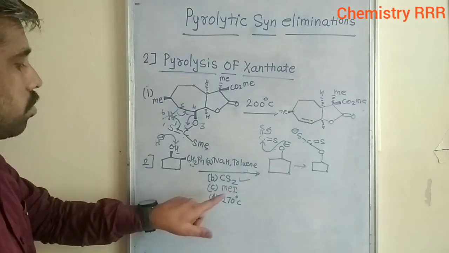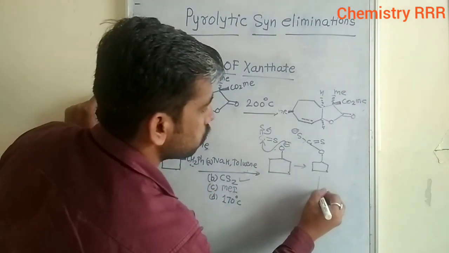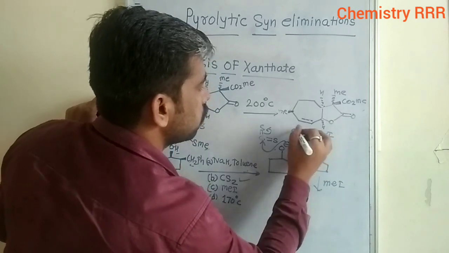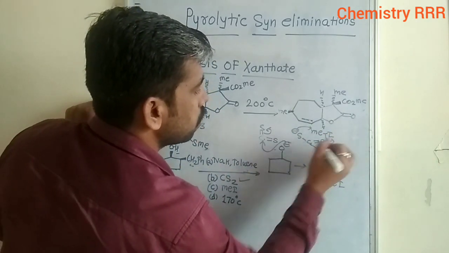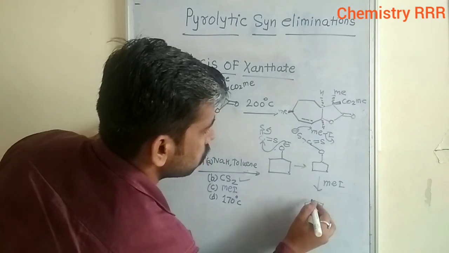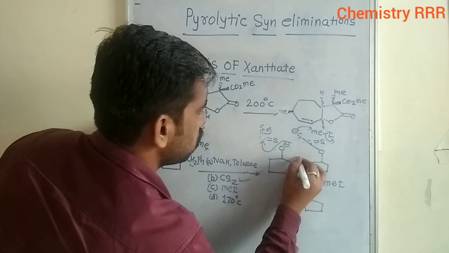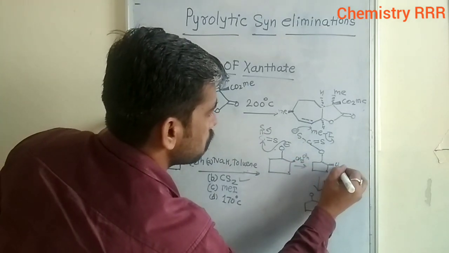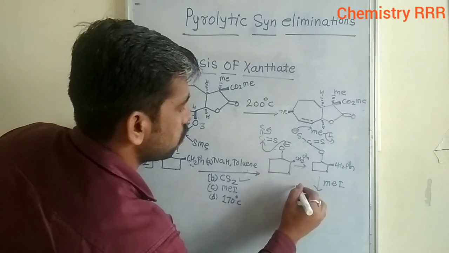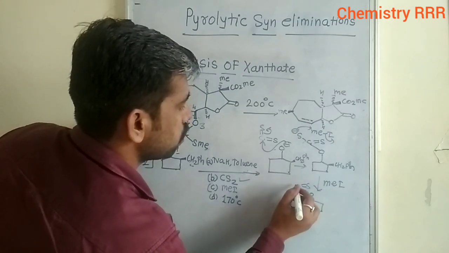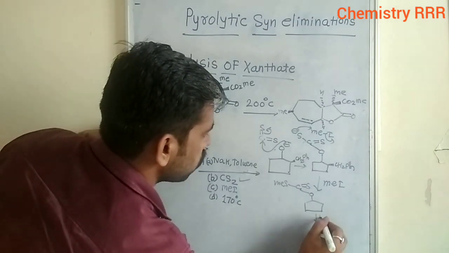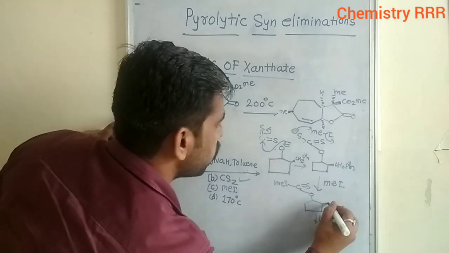Now in the third condition we have methyl iodide, so this attacks the methyl iodide by the SN2 mechanism, and we get this oxygen, CH2 as it is, then this carbon double bond S, then SMe, and after that the last condition is 170 degree temperature.